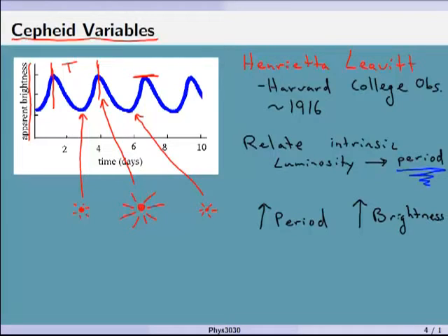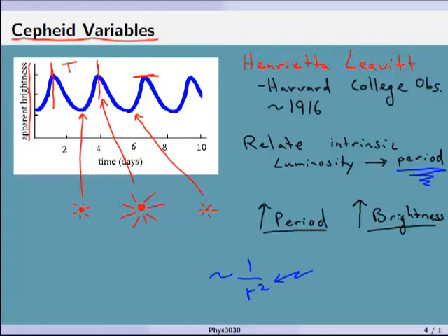So the bigger the period, the bigger the intrinsic brightness. And then we use that to compare the luminosity that we see in the star to the luminosity of the star that we know. Since it falls off like 1 over r squared, we can just plug in some numbers to tell how far away the star is.